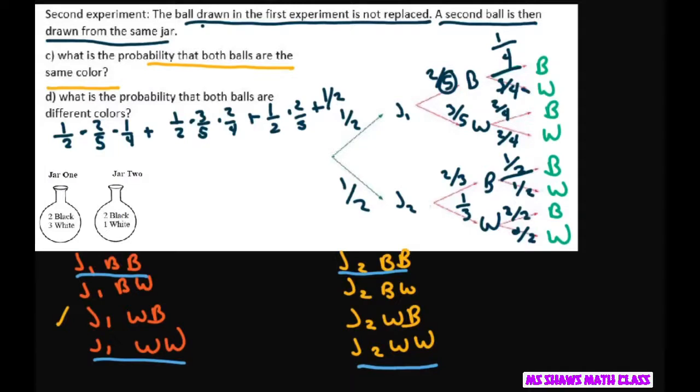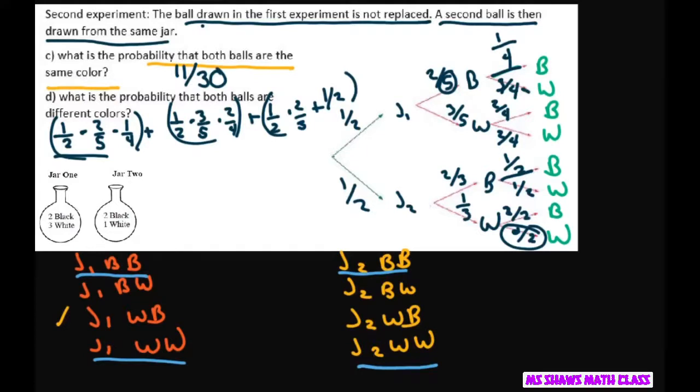And this last one is going to be 0 because you have a 0 right there. So then you just multiply these and add them together. So that's or, it's either this or that. And when you add all that up, you should get 11 divided by 30.